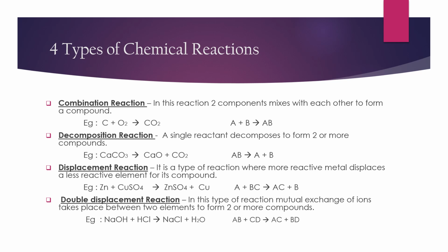So sodium goes with the chlorine and the hydrogen goes with the hydroxide. H plus OH equals H2O, it becomes water, and as Na goes with Cl, it becomes sodium chloride, NaCl. On the right side, we can see AB plus CD equals AC plus BD. A goes with C and B goes with D.